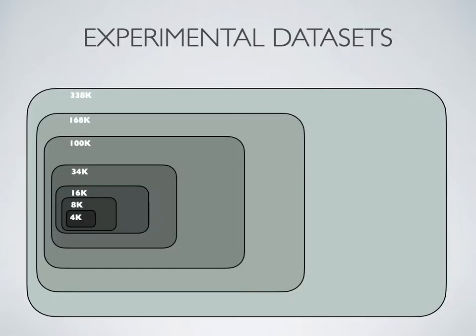Then, in order to take into account the dimension of the dataset size, we performed a stratified slicing of the dataset, obtaining datasets of different sizes, ranging from 4K, so 4,000 domains, to 338K domains.